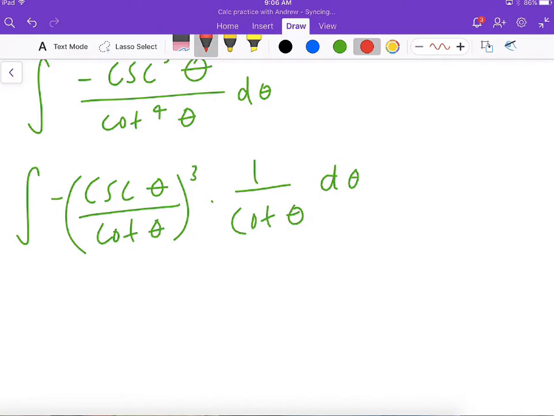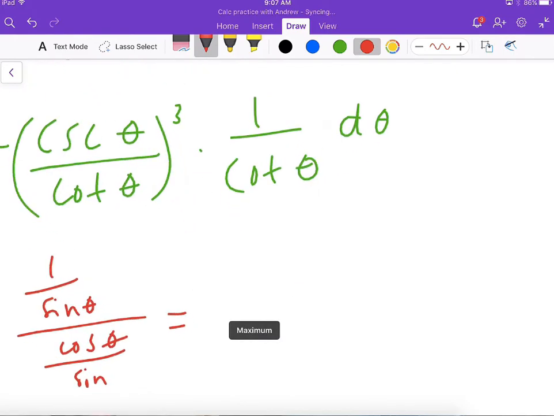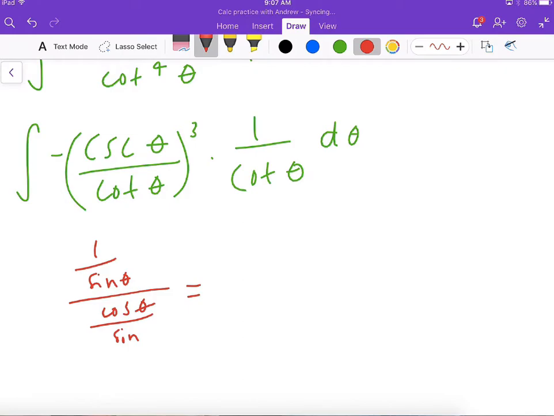So cosecant is 1 over sine theta, and then cotangent is 1 over tangent, but tangent is sine over cosine. So cotangent is actually cosine over sine. And all of that is going to be equal to, obviously, if we have a fraction within a fraction, we can multiply by the reciprocal.